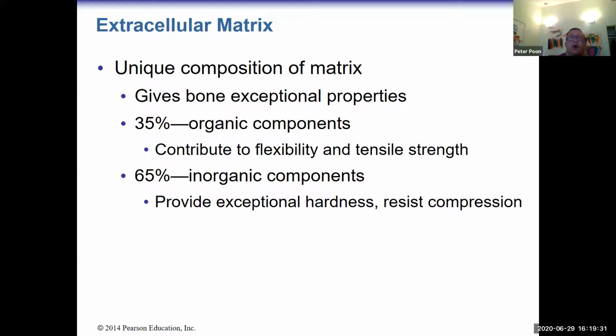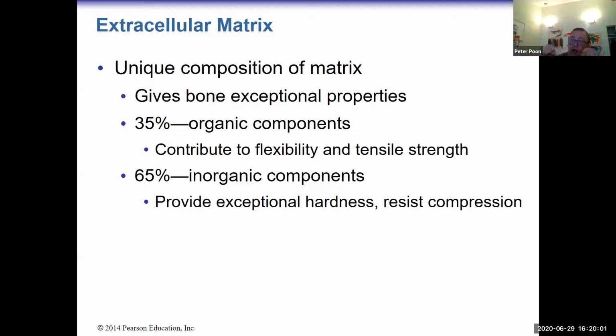So bone has exceptional qualities. 35% is organic. Organic components contribute to flexibility. It makes bone slightly bendable. If you try to look at bone, get a bone off a raw chicken or raw cow, but not cooked stuff, the raw stuff is slightly bendable.